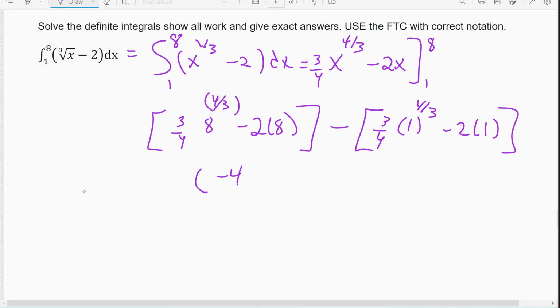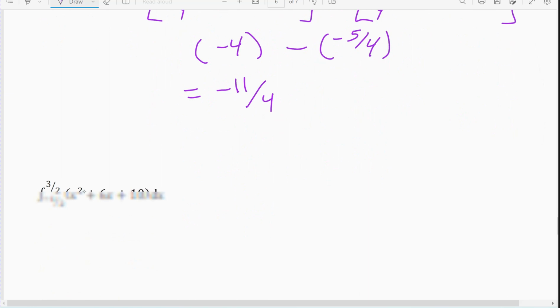That comes out to negative 4. Negative 5/4. So I'm actually going to add 5/4. So exactly, if you did leave the fraction, a lot of times my lab will want the fraction. All right, so negative 11/4, which means it's a negative, which means there's more area below.